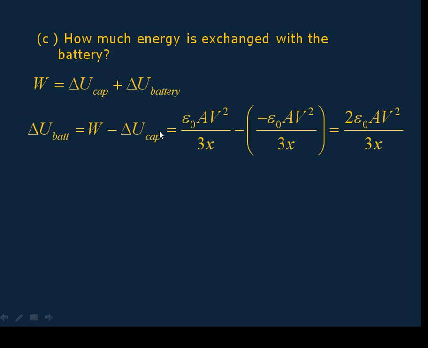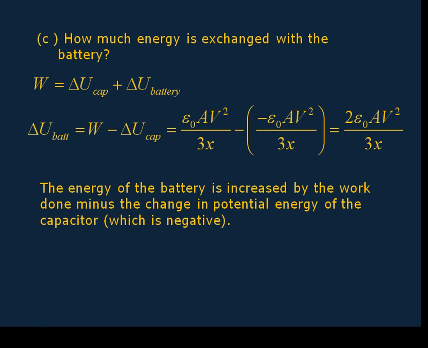And this quantity itself is negative. So the two negatives go away and you end up with a positive quantity. So it's the battery that is responsible for the work done, and the potential energy actually decreases between the capacitor plates. That is, the energy stored in the electric field between the capacitor plates is lower in the second case.